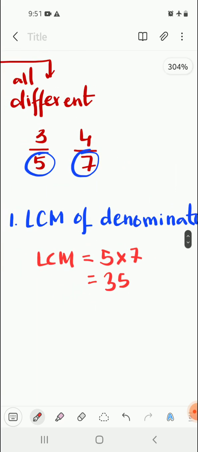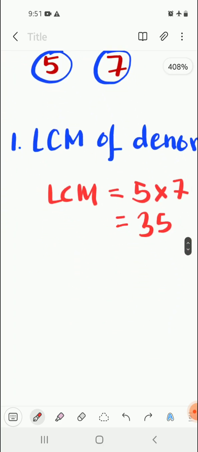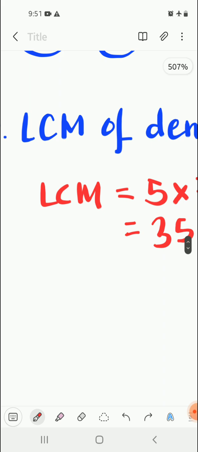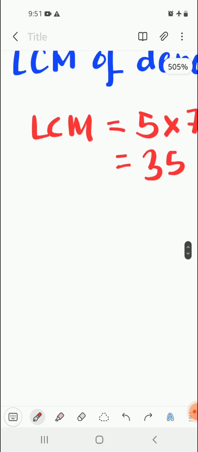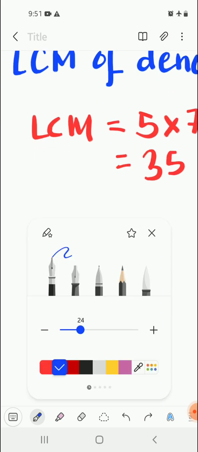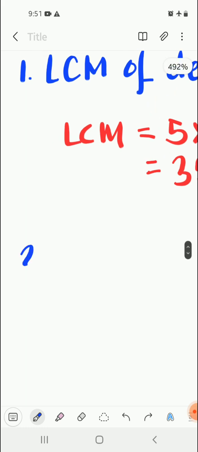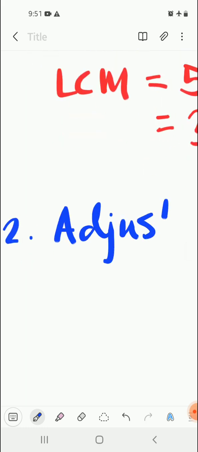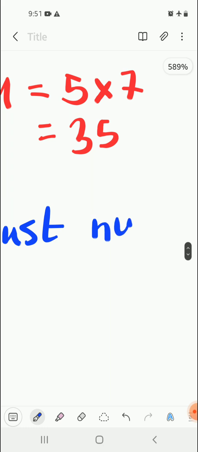Now, the second step is we are going to adjust the numerators as per the denominators. Step 2: adjust numerator as per the denominator. Here, my fractions were 3 by 5 and 4 by 7.